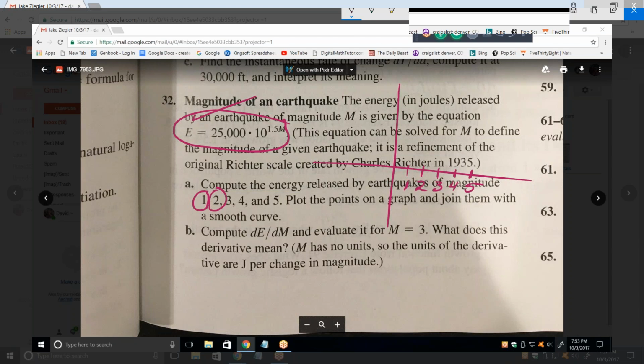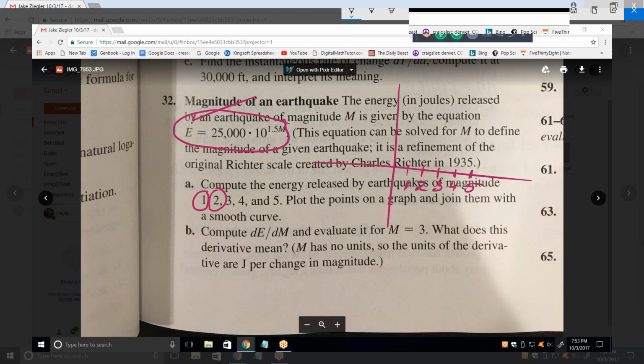So every number is a factor of 10 greater energy. In other words, a level 8 earthquake releases 10 times the amount of energy as a level 7. Although this does say it's a modified original Richter scale.